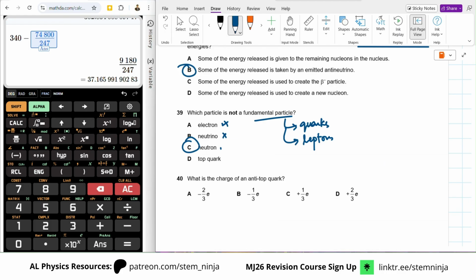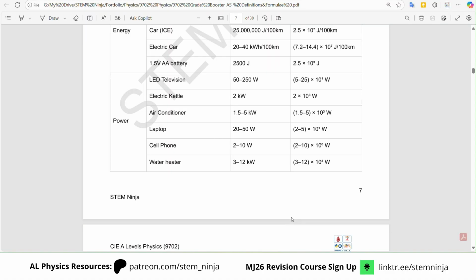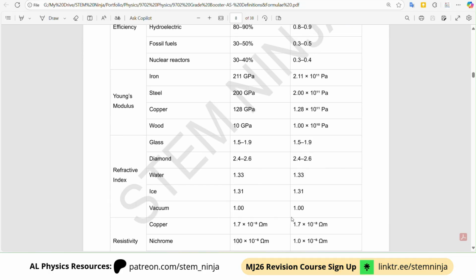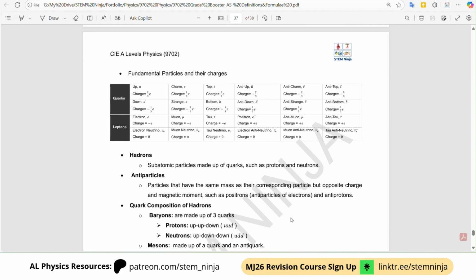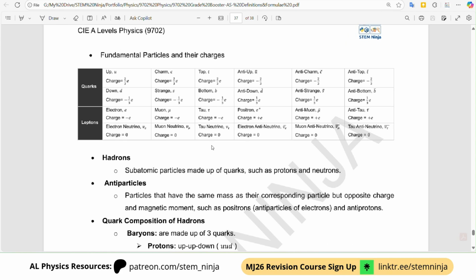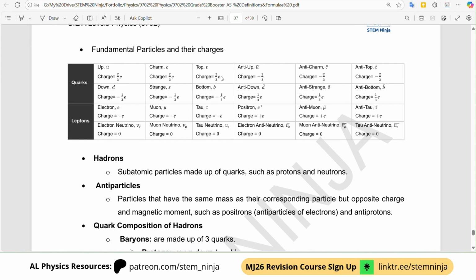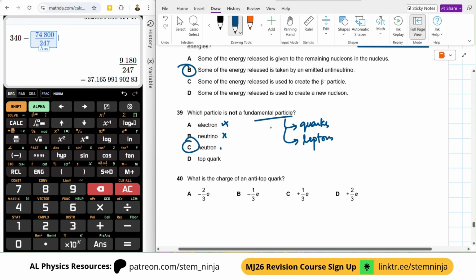So remember, the charge is over here. It's easy to remember the charges basically, but if you forget, up, charm, top have positive 2 over 3e. So the anti-top would have minus 2 over 3. We have anti-top, right? Yeah. So minus 2/3 of e.